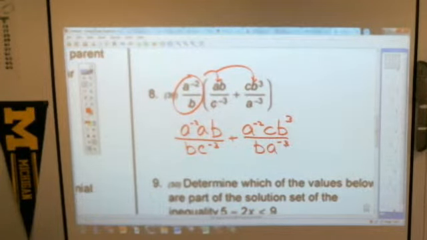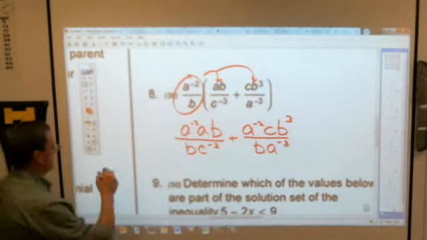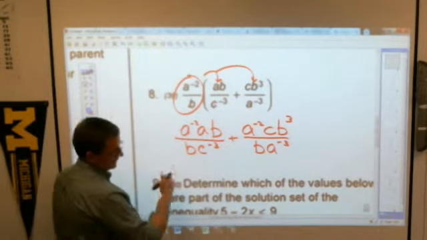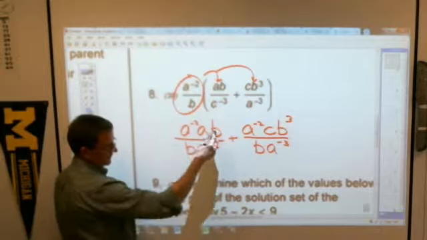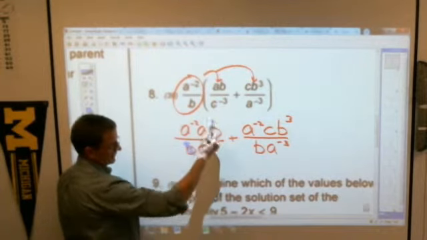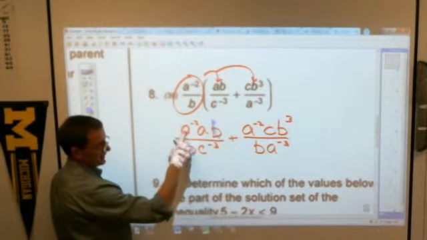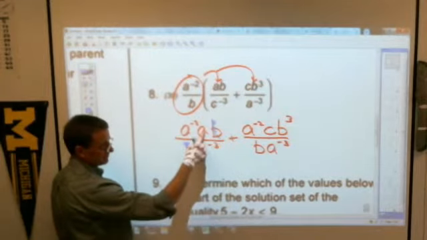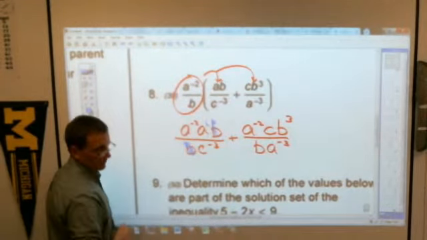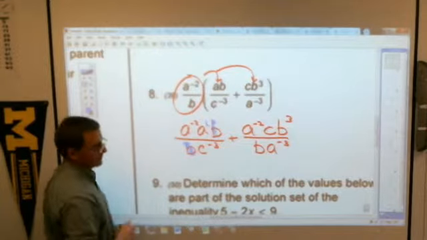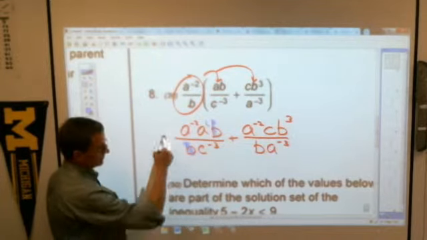Now you have to simplify every term. So how does that work? Well, let's look at b and b. These are going to cross off because they're identical. What is a to the negative 2 times a? Add their exponents together, you end up with a to the negative 1, correct?